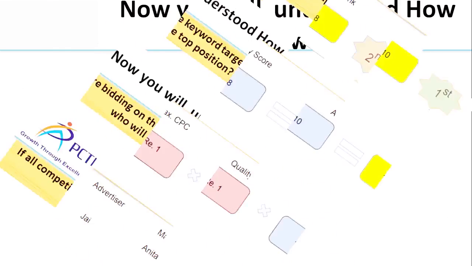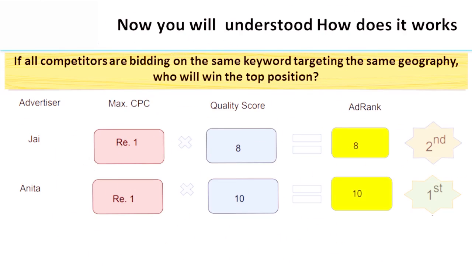If all the competitors are bidding on the same keyword and targeting the same geography, who will win the top position? Now you will understand how this platform works. It is reflected by means of ad rank value. Let's say there are lots of advertisers who are bidding differently in terms of CPC and quality score. So accordingly they win the auction.